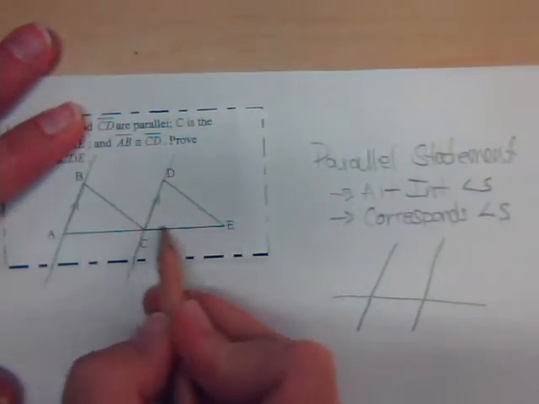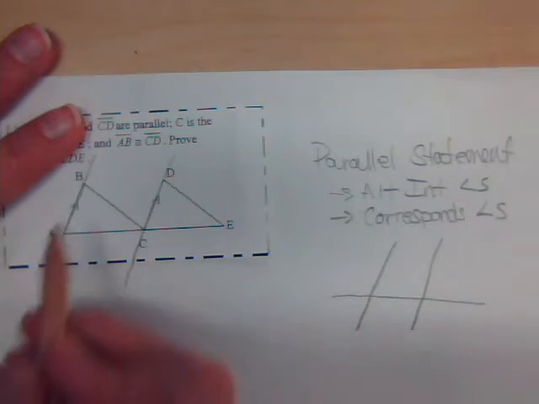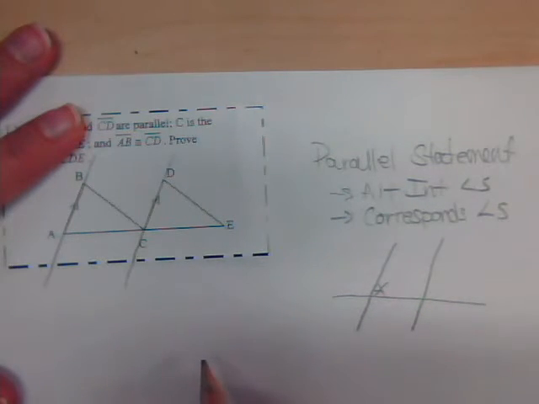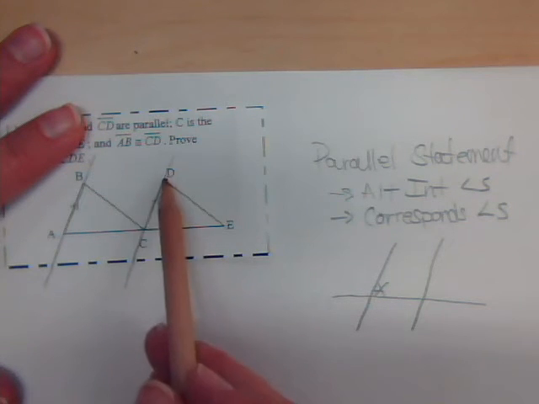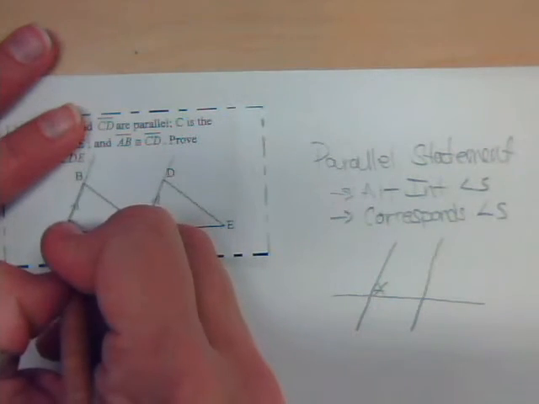And this is my transversal. Then what angles do I have? I have angle A and, since I've got multiple angles at C, angle DCE. So I've already got an angle.